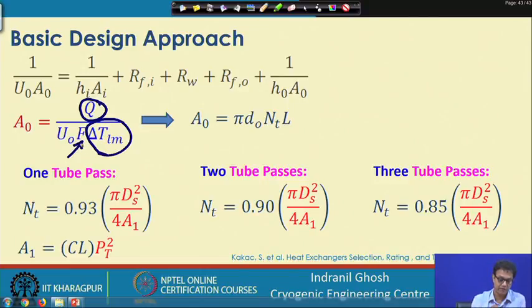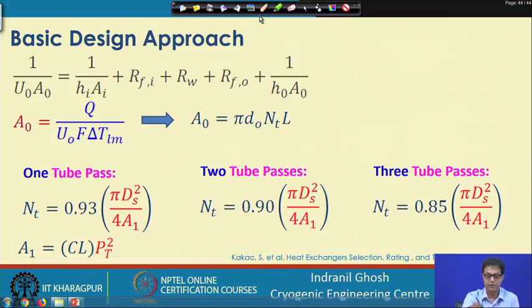This F factor we generally assume to be 0.9 or around, because in a counter current exchanger it is 1, but it is not really a counter current exchanger, and the actual value of F we get finally when we go for the rating problem. Then this U0 we have to make an estimate.